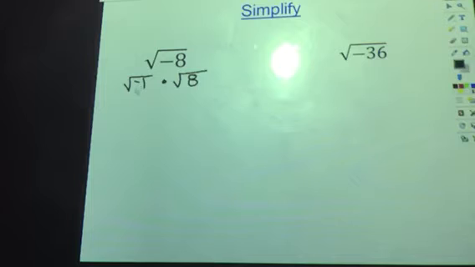The square root of negative 1 is i. Okay, and we simplify the square root of 8 as 2 square root of 2, just as we've been doing. So our final answer should be written as 2i times the square root of 2.